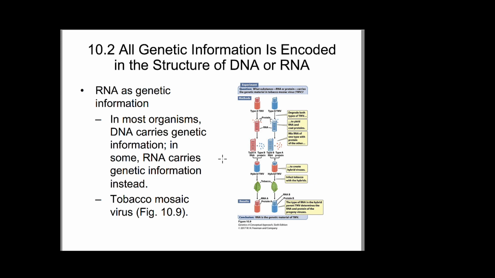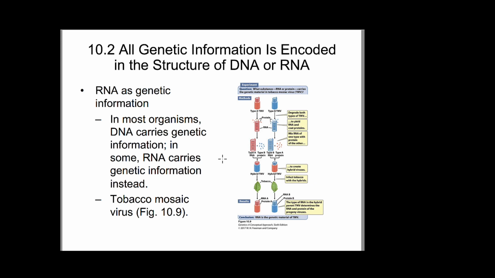So let's look at another experiment that was done, by Conrad and Singer, and they demonstrated that RNA in the tobacco mosaic virus was the carrier for genetic information. This is important to understand because, remember, not all organisms contain DNA as their primary nucleic acid. There are some that contain RNA.